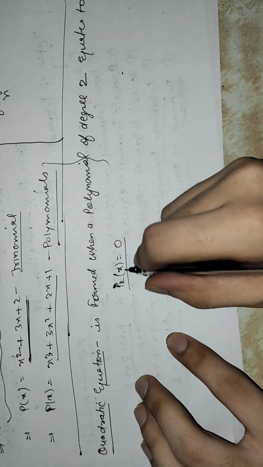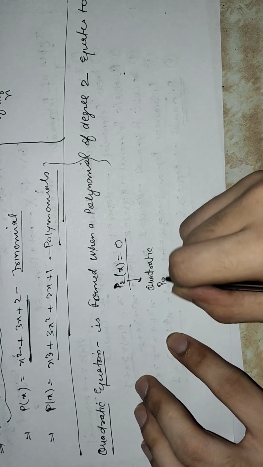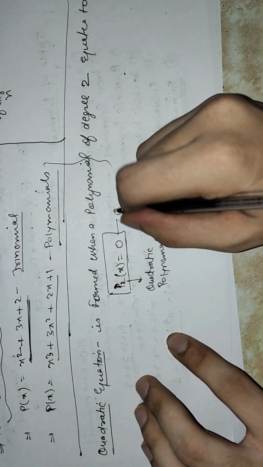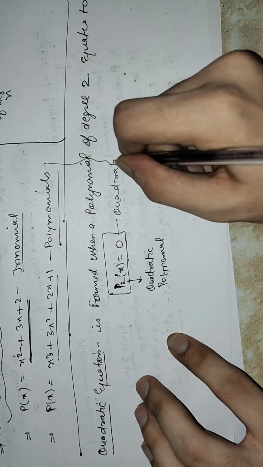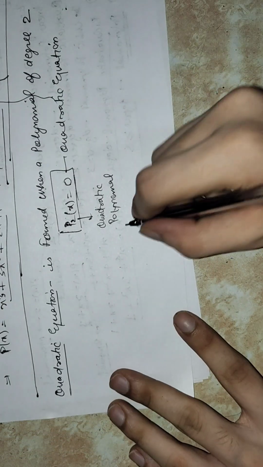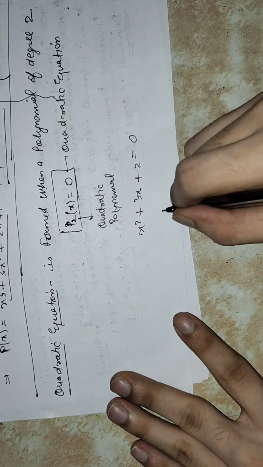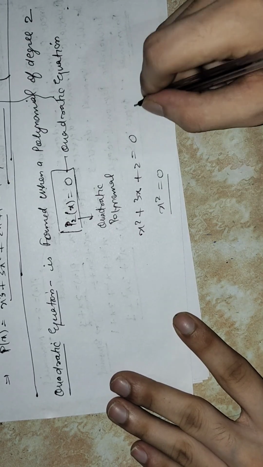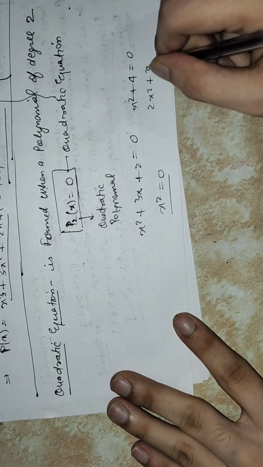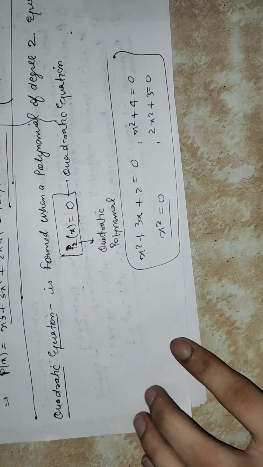This is a second degree, quadratic polynomial. This is called a quadratic equation. We can have examples like x² + 3x + 2 = 0, x² = 0, x² + 4 = 0, 2x² + 3 = 0. These all are examples of quadratic equations.